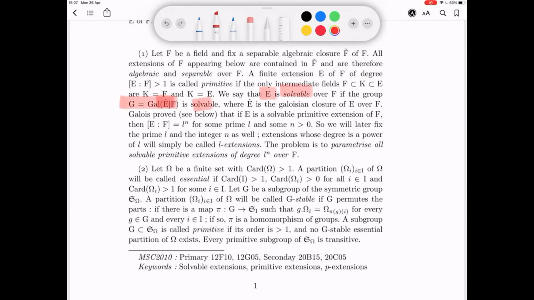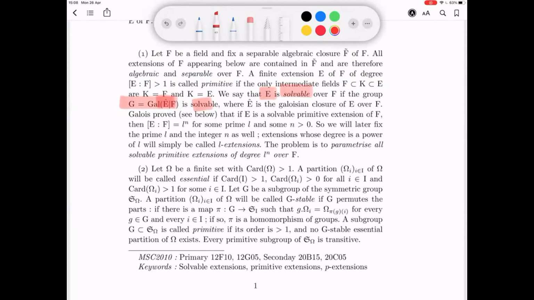We have called them solvable if, when we take the Galois closure, the Galois group is a solvable group. It's the same definition here as well. That definition didn't depend in any way upon the fact that the extension we were considering was of degree p.